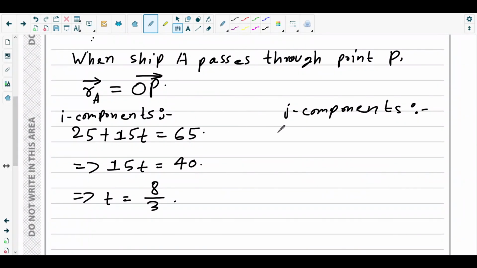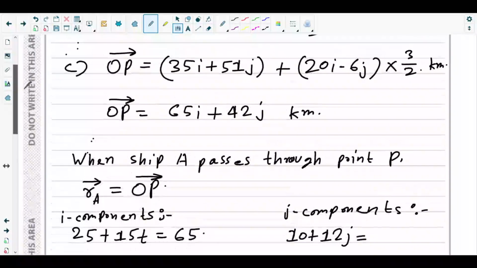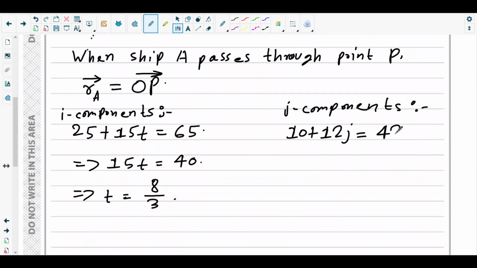The j components of ship A are basically 10 plus 12t. This would be equal to the j component of point P, which is 42, and we will see whether both are equal or not.